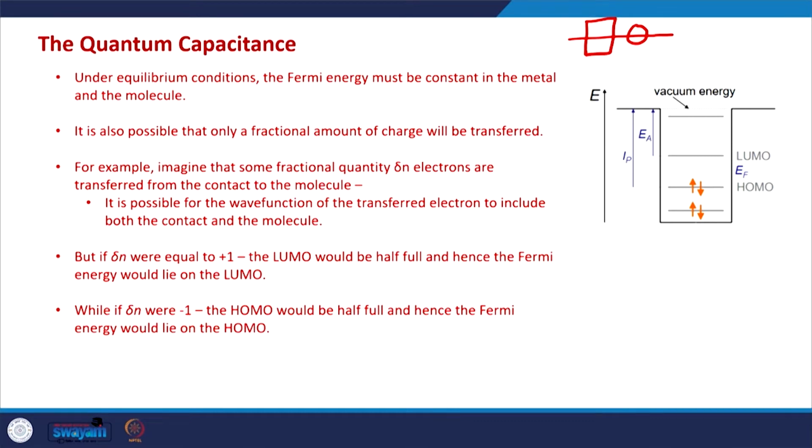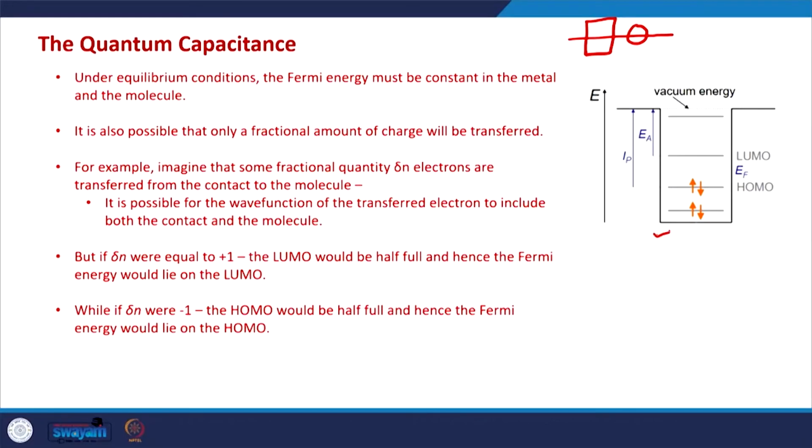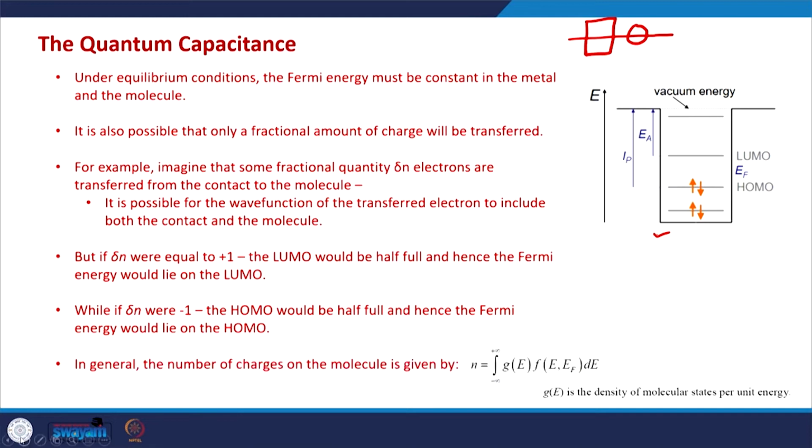It will have two components. One is the change in the Fermi level due to the change in the number of electrons on the quantum dot, and second is the change in the Fermi level due to the change in the charge on the molecule. So we are now just considering the change in the Fermi level only due to the change in the number of electrons on the quantum dot. So let's say we put the quantum dot in touch with the metal.